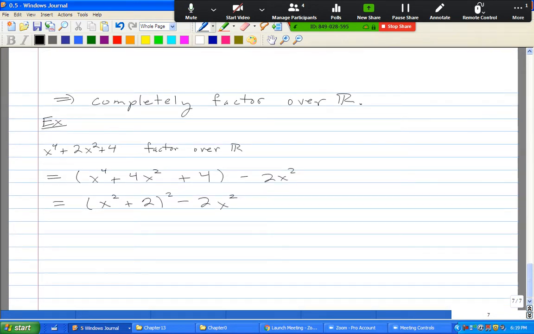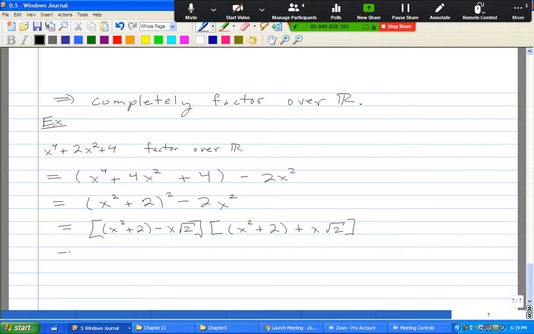So this is equal to, well, I can factor this because it is the difference of squares. So I'll factor this as the product of the difference and sum of two terms.